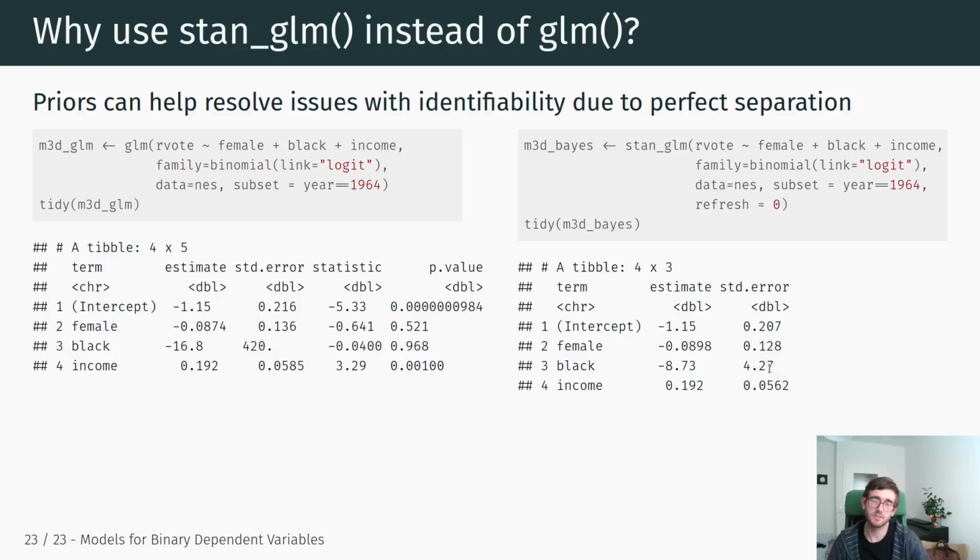Okay, so this is just one example, particularly if you work in cases where you have small sample sizes. If you work in comparative politics or international relations, you often have data sets with small numbers of observations where perfect separation can be a substantial issue.